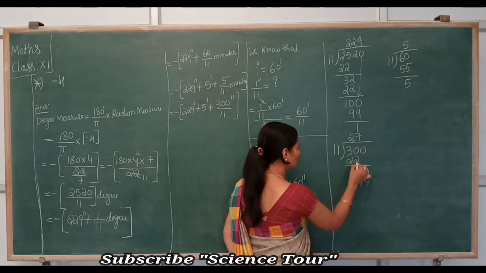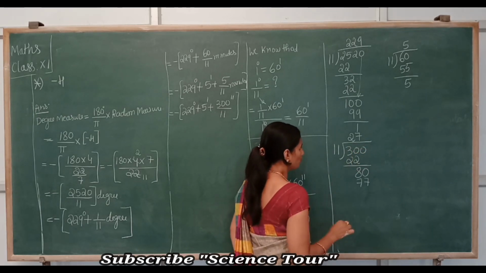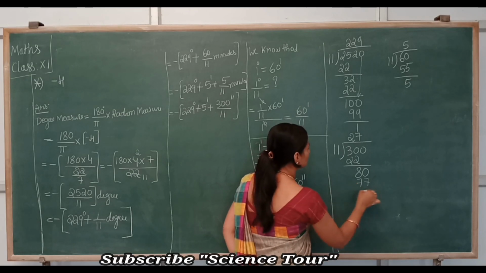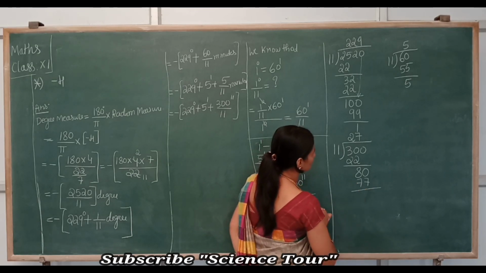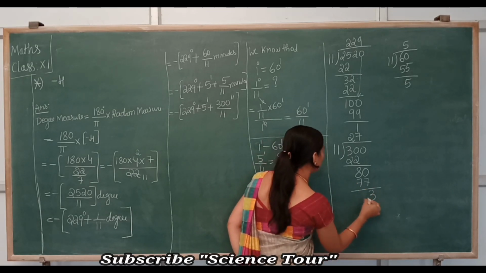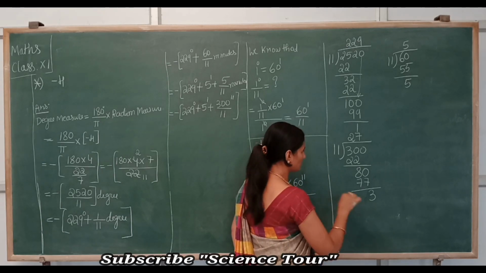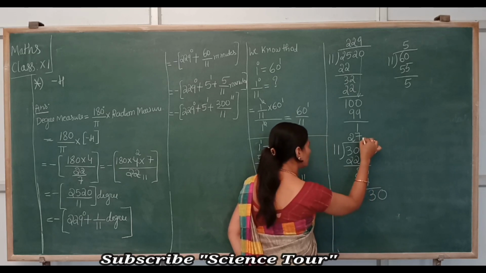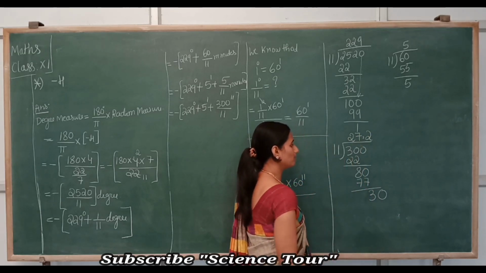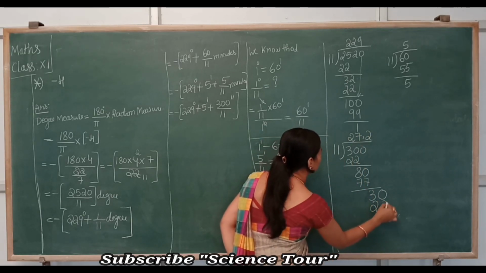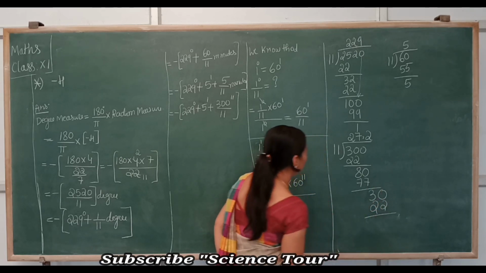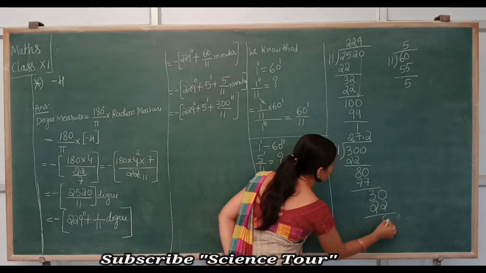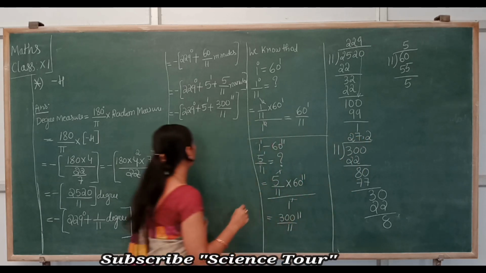Here 10 and 8, so it is 0. Next, 11 7s are 77, remainder 3. Then again 2, 27.2, it is 22. Again it is repeating the decimal. So we got 27.2.